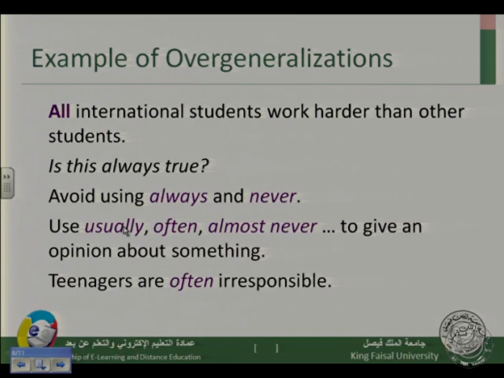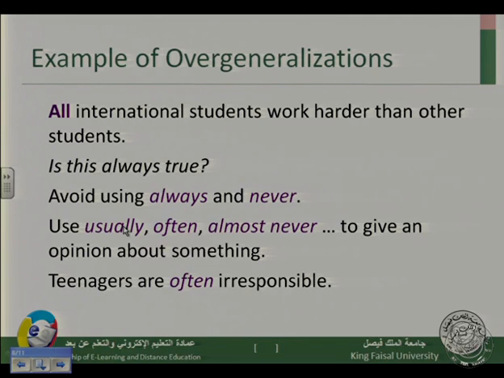All of them. What you're saying really is that no international student is a bad student, and no other student is better than an international student. So if you've made this generalization, that is not necessarily true.